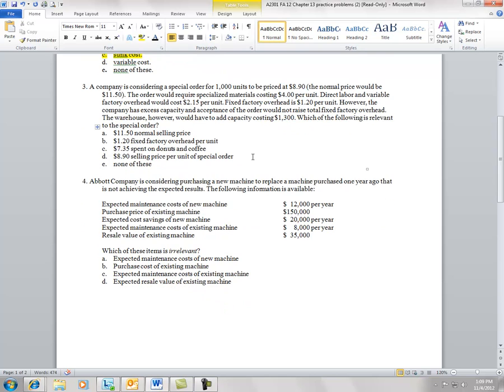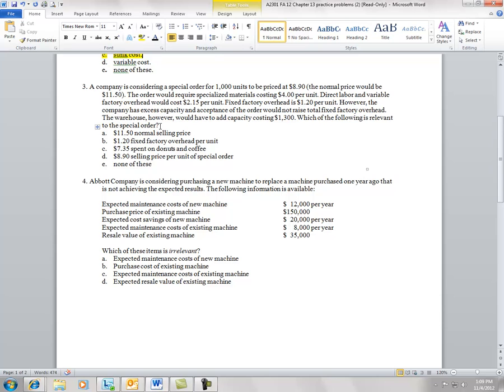So number 3 here, we have a company that's considering a special order. And if we skip down, just see what the question's asking for here before we go through all the details. We're trying to figure out what would be a relevant cost to that special order.